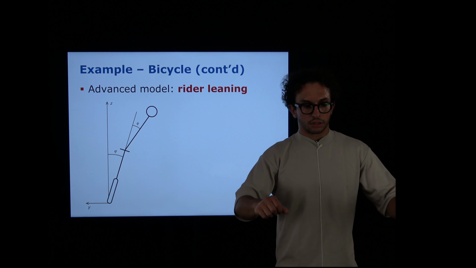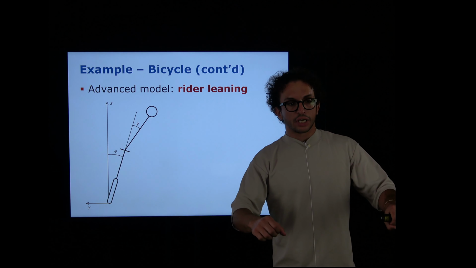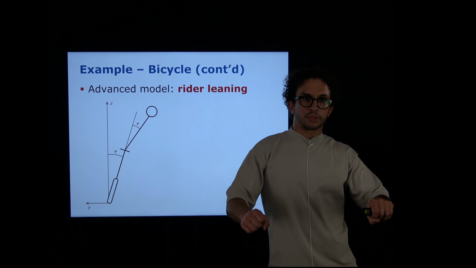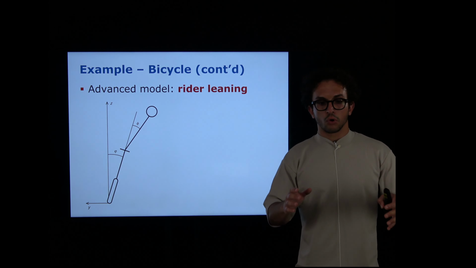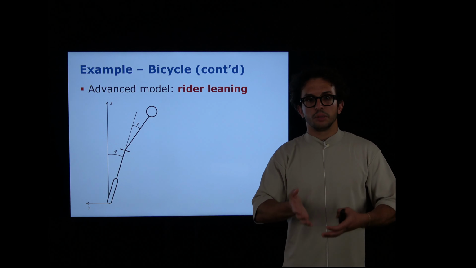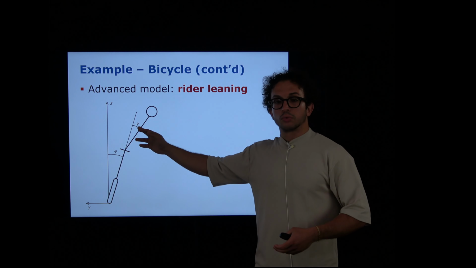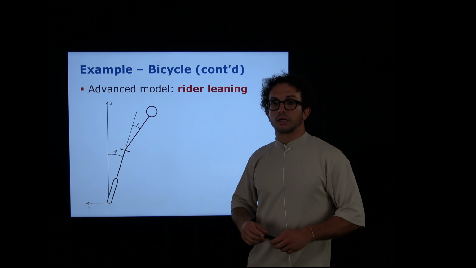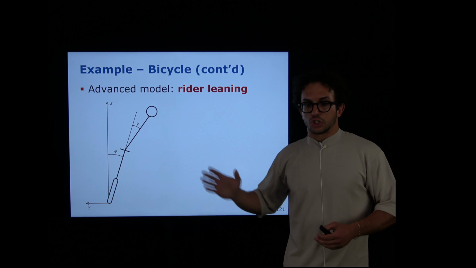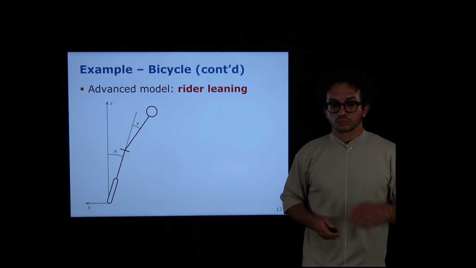Because when you're on a bicycle and the bicycle tilts, you can decide whether with your body you want to tilt more or you want to tilt in the opposite direction. So you are somehow introducing a new angle, which is not strictly part of the bike. It's an angle, which we call with this other phi here, which is completely independent of the angle of the bicycle. It just goes on its own.